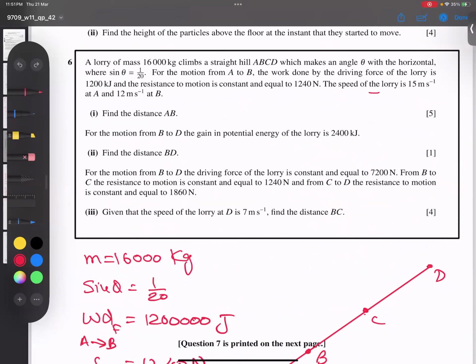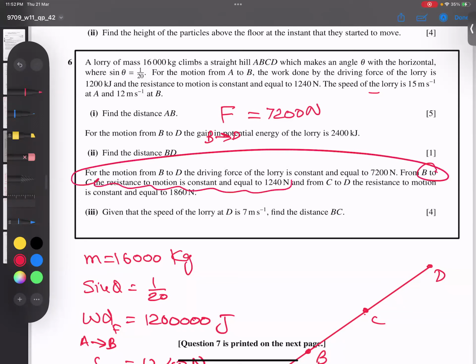But make sure, let me write the data here, and then I will bring it down. So wait a minute. He said that from B to D, the driving force is constant 7,200 newtons. So I'm writing here, applied force from B to D is given 7,200 newtons. Done. And he said B to C, friction force is this one.